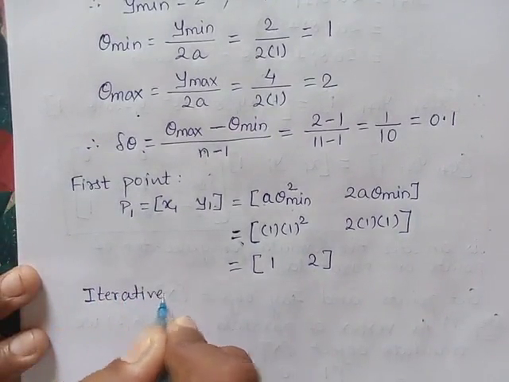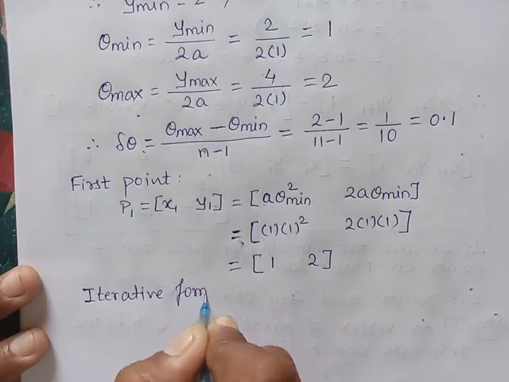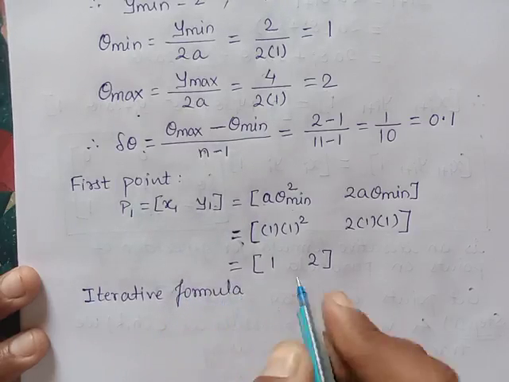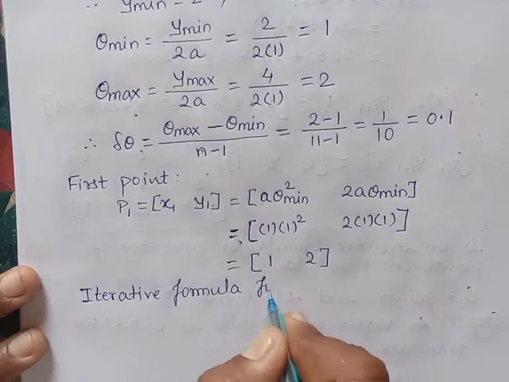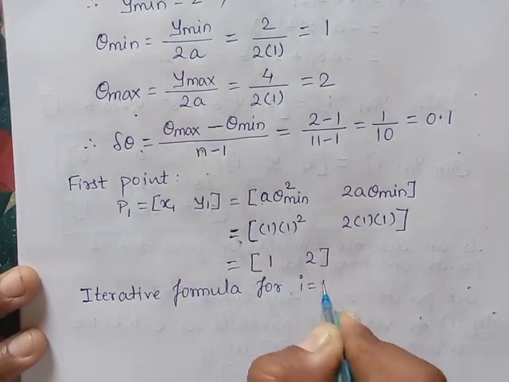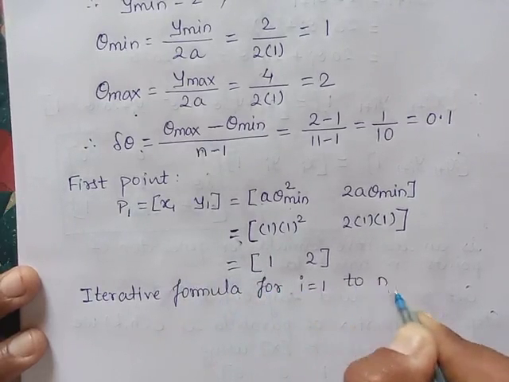Another one, you know the iterative formula for i from 1 to n minus 1.